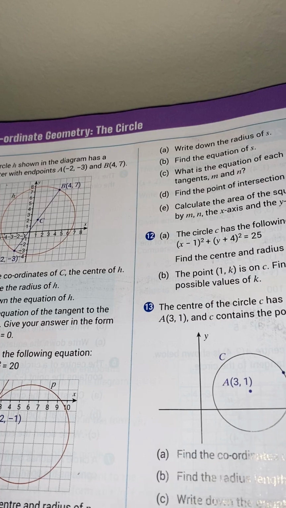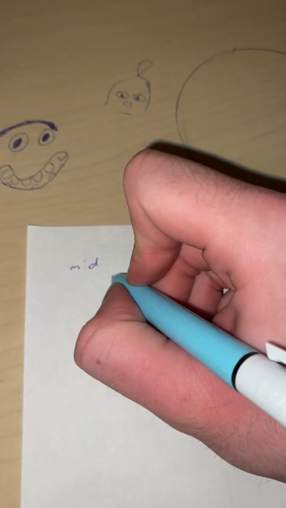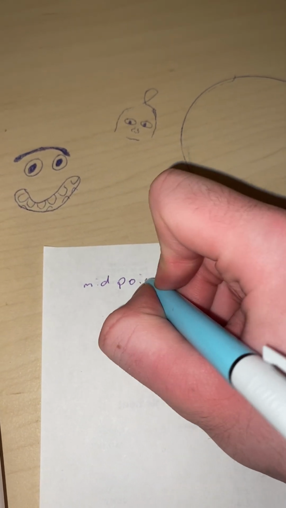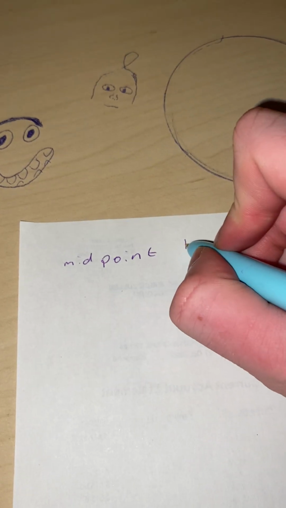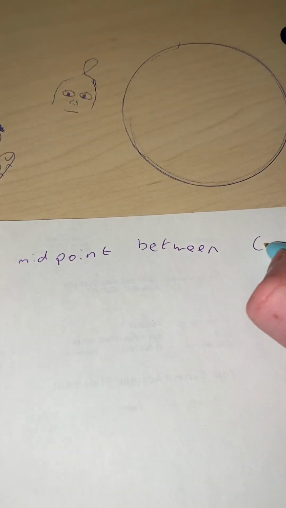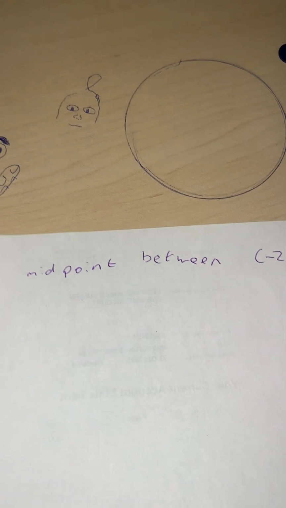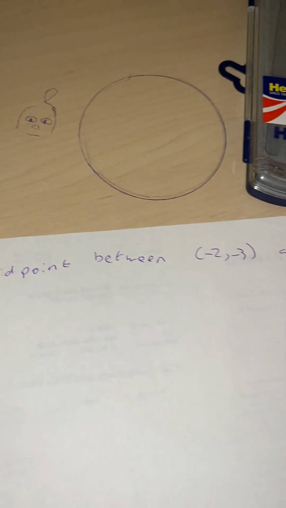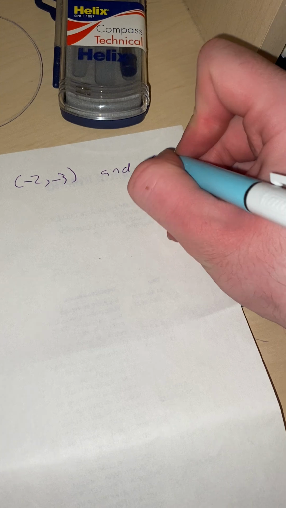So we're trying to find the midpoint between -2, -3 and 4, 7.